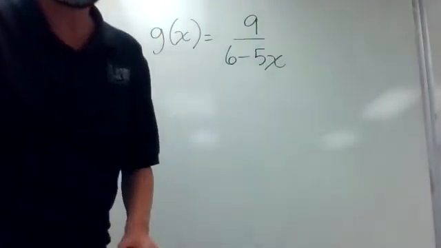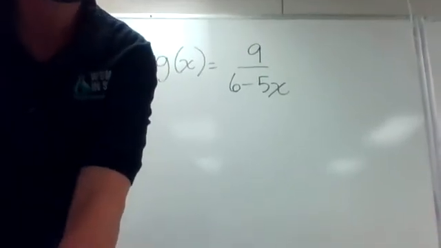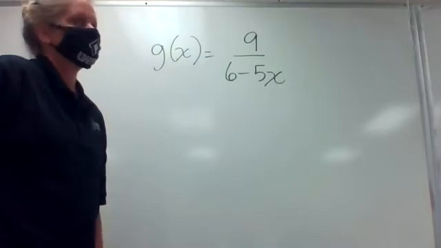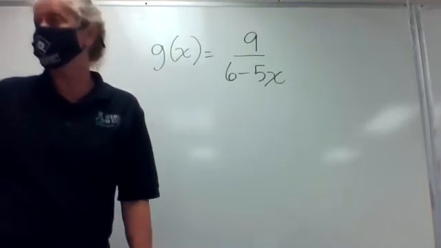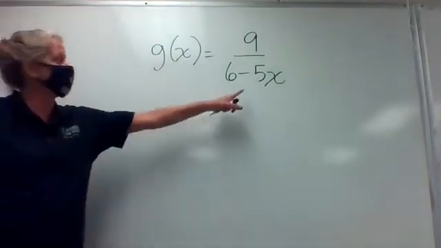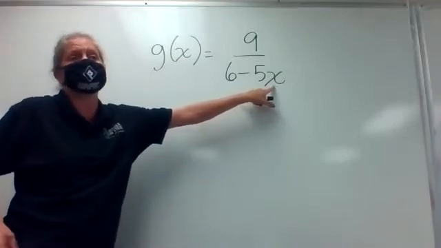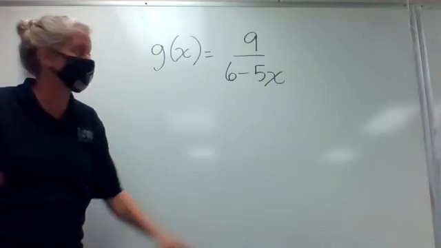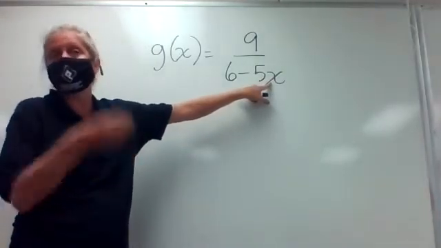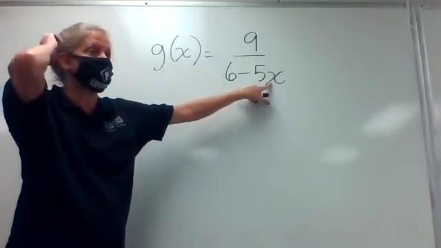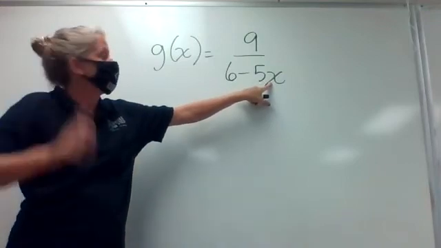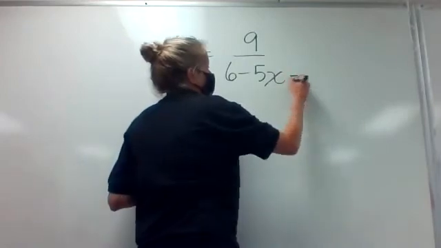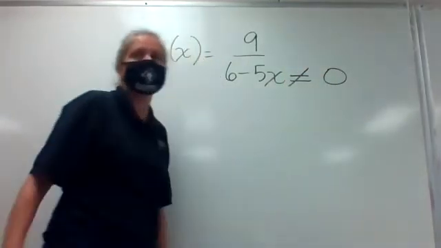So I do see a fraction. That's what sets me off first. And there is an x in its denominator. If there's not an x in its denominator, then you don't care. But if there's an x in the denominator, that's where you're going to be replacing with numbers, right? The x is where you put the numbers. So this time there is going to be a restriction, right? So my denominator can't equal 0.